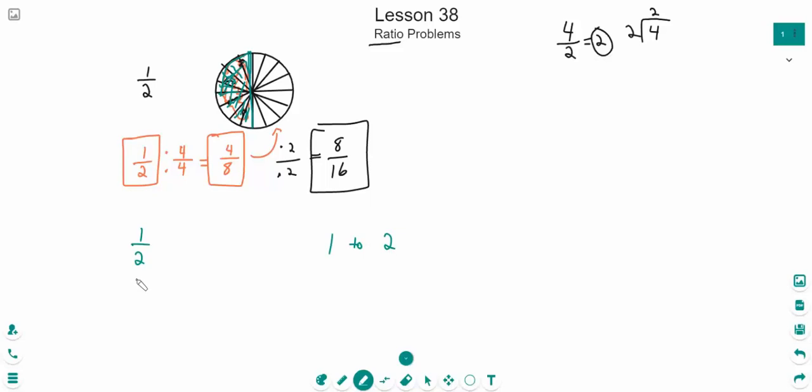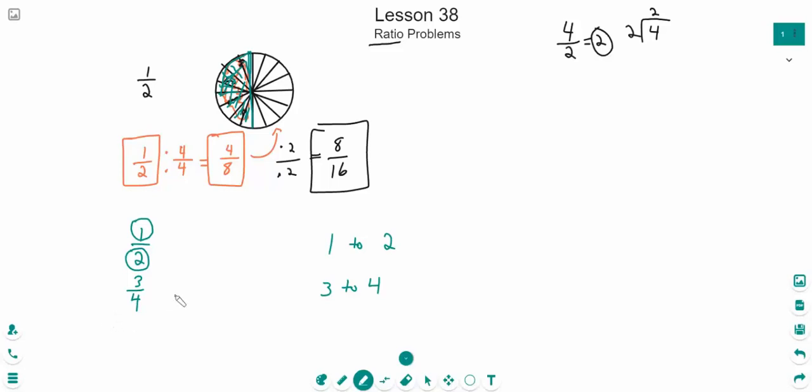If I have the ratio 3/4, I'd read that as 3 to 4. That's how you would read them as ratios. And what we're actually doing with ratios is we're comparing two numbers. We're saying for every one of something, we have 2 of something else.